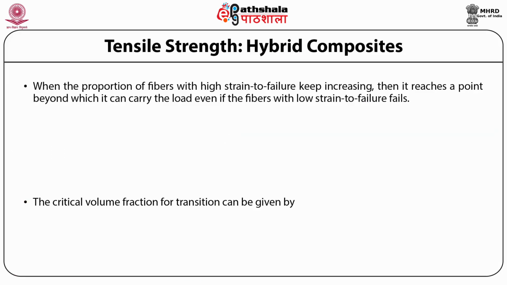Tensile strength of hybrid composites. As described earlier, hybrid composites are the composites where more than one fiber or kind of structure is included. Adding more than one kind of fiber is advantageous, but it also carries some limitations.